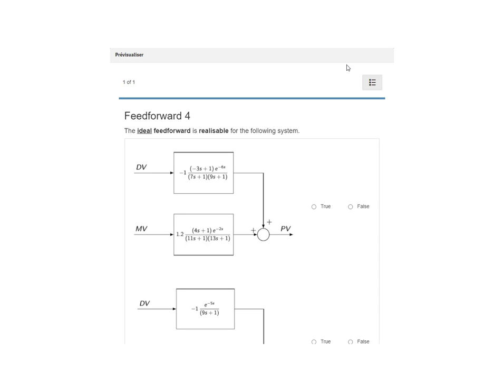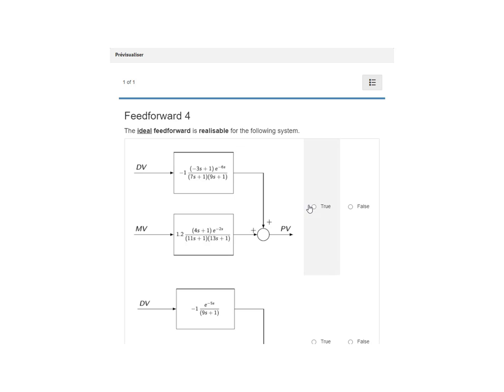Well, let us do a little quiz, and the quiz is about feed forward. The question is whether the ideal feed forward is realizable for the system that is given. What you're given each time is the disturbance dynamics and the input output dynamics. By ideal feed forward we mean the one that is capable of a theoretical perfect feed forward.